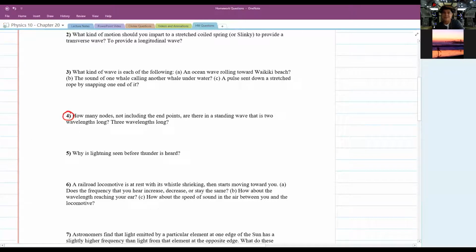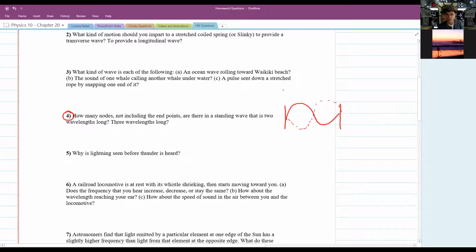Let me look at number 4. This is from chapter 19. It says, how many nodes, not including the endpoints, are there in a standing wave that is 2 wavelengths long, 3 wavelengths long? For a standing wave, remember, that's a wave that appears not to be moving. A wavelength for a standing wave is basically 2 of these segments oscillating back and forth, looking like they're not moving anywhere.